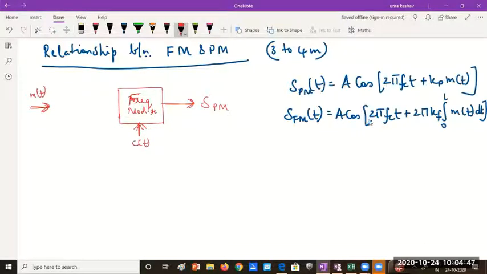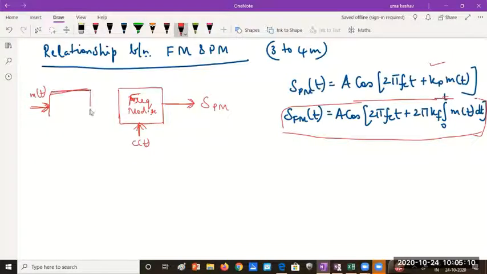Compare the two equations. See, I have a modulator which will give the output in this form. So, any idea what I should do to the message? But I should get it in this form. Differentiate. Yes? Differentiate. Exactly, you're right.